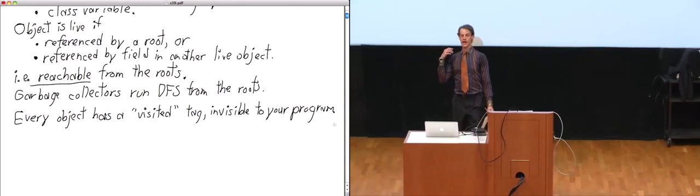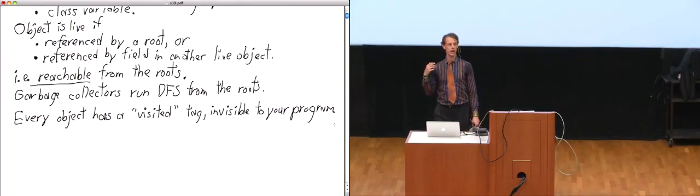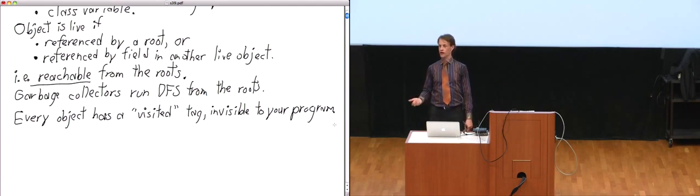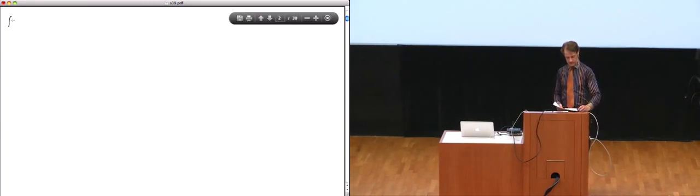So I want to go into some detail about how garbage collectors work. But before I do that, I need to talk about what memory looks like, what memory addresses are, what pointers are, and what references really are in Java. So this is kind of a sneak peek of CS61C material.